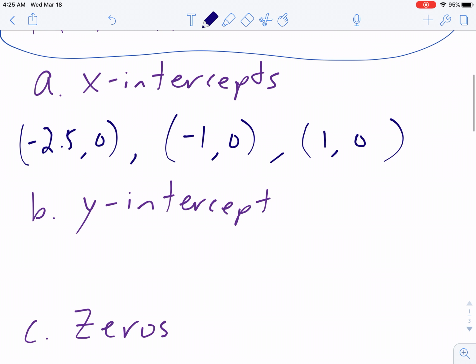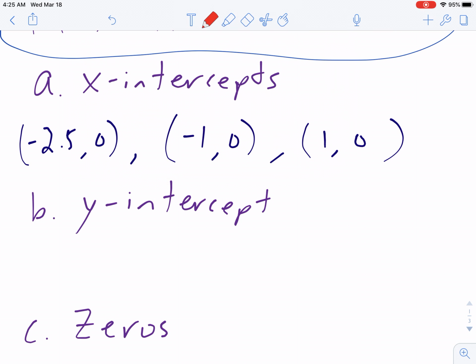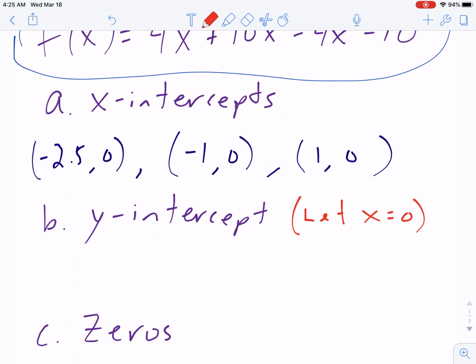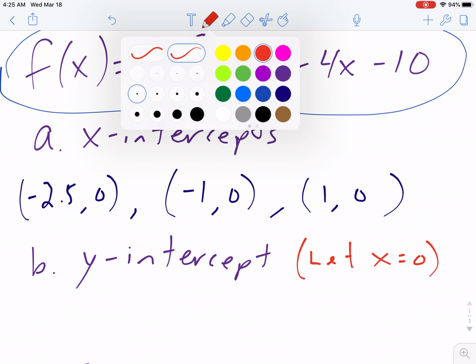Your y-intercept, you do have to do that by hand. You have to remember that the y-intercept is when x is equal to 0. We did that back in chapter 1, I think. So the calculator will not help you with that. You have to use your imagination a little bit.